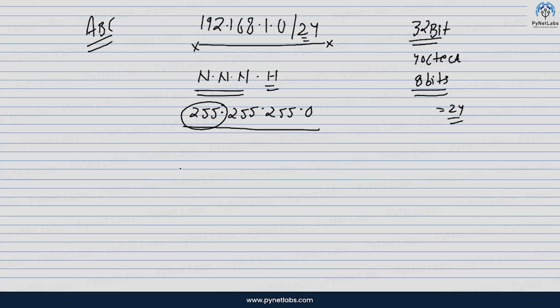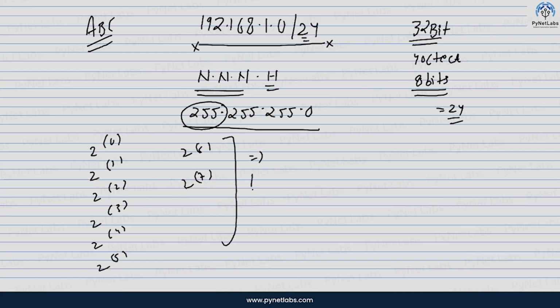We have 8 bits, so we take powers of 2: 2 to the power 0, 1, 2, 3, 4, 5, 6, 7. When you solve them, you get the values 1, 2, 4, 8, 16, 32, 64, 128.